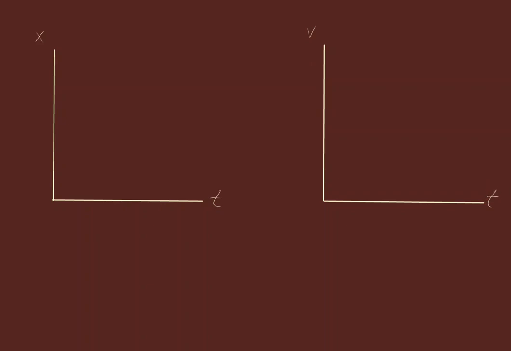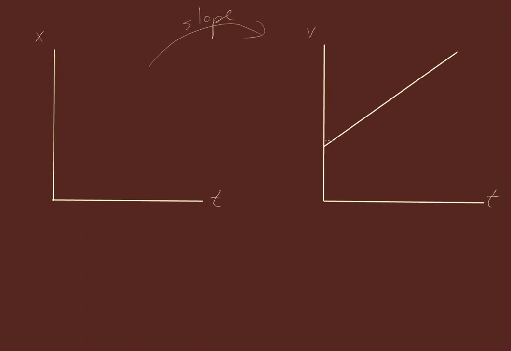So if we have something that's accelerating and let's say it has a positive acceleration, remember the slope of a position time graph is the instantaneous velocity, or rather the velocity for a given interval.